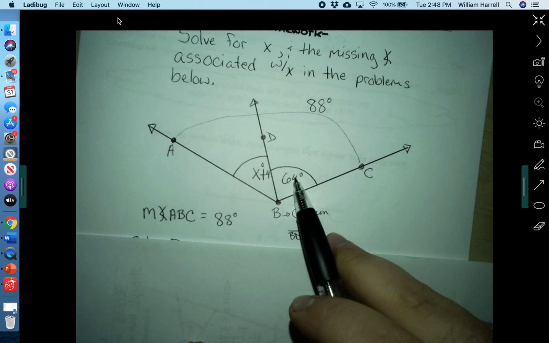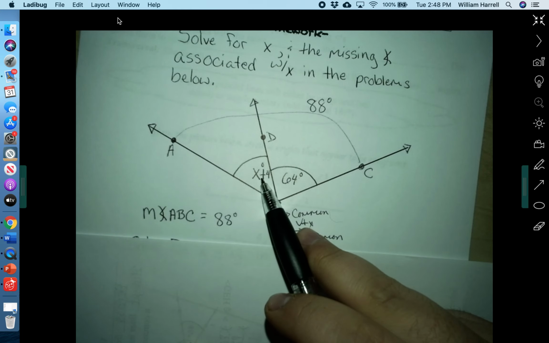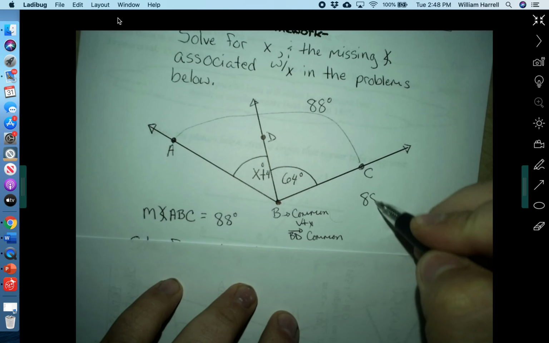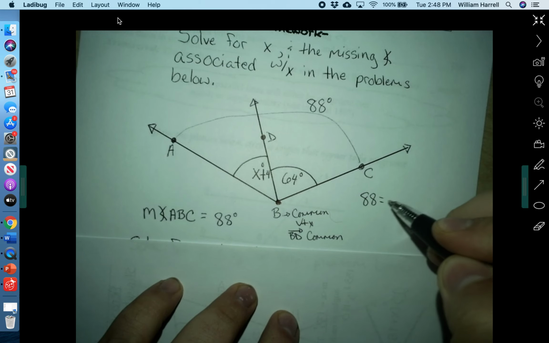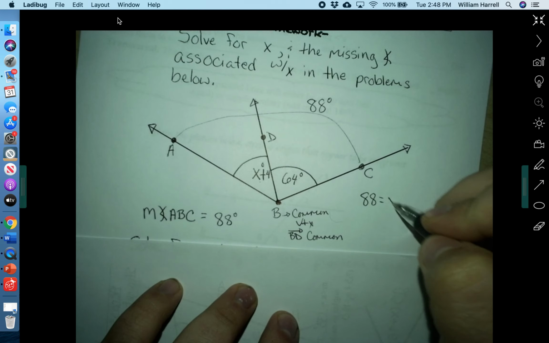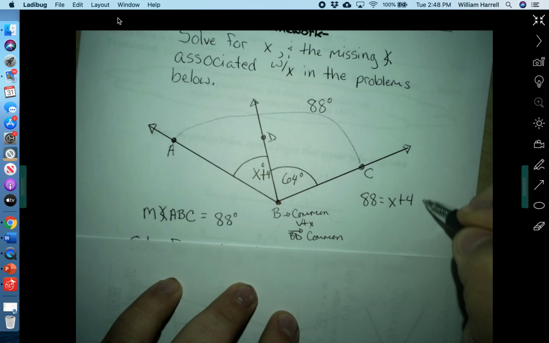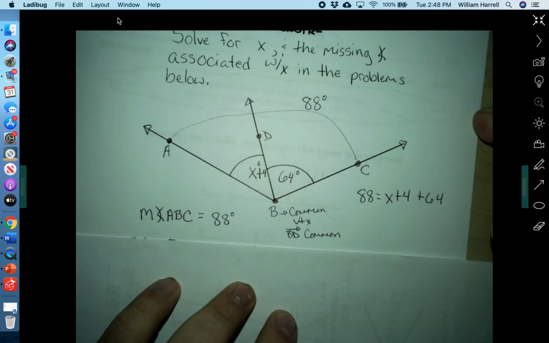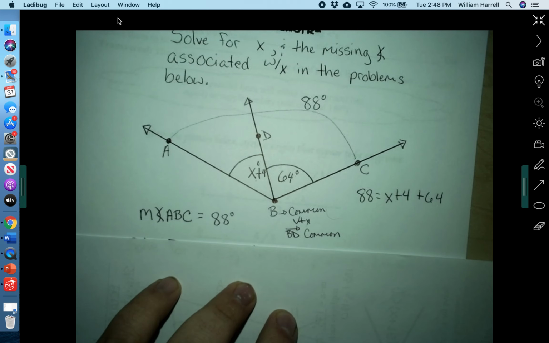Your friend has got 64. How much did you chip in? So, 88 is equal, the big angle is equal to the two smaller angles added together. You get x plus 4 plus 64. Now, find what x is.